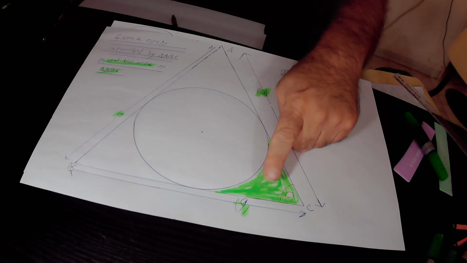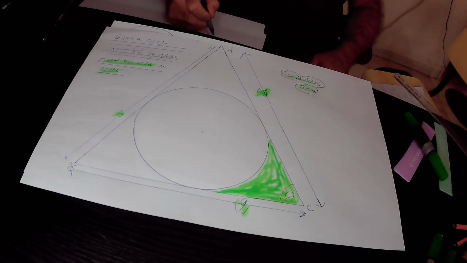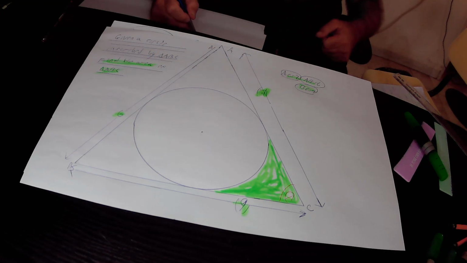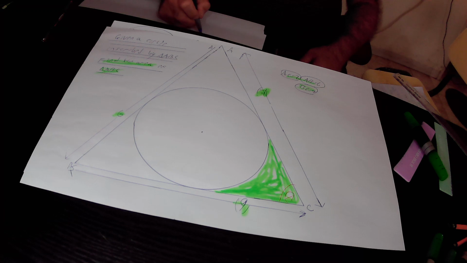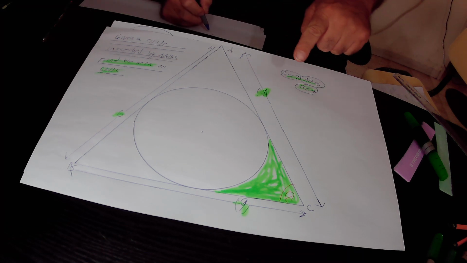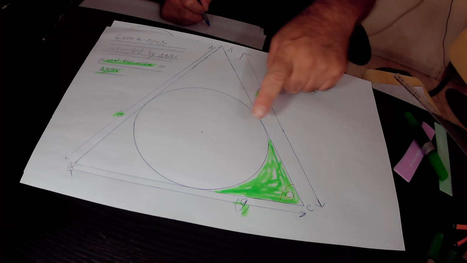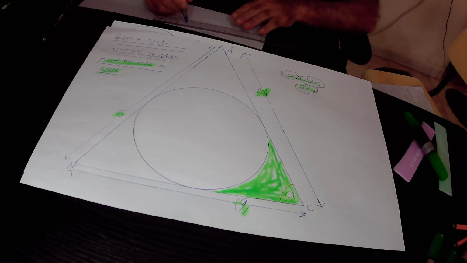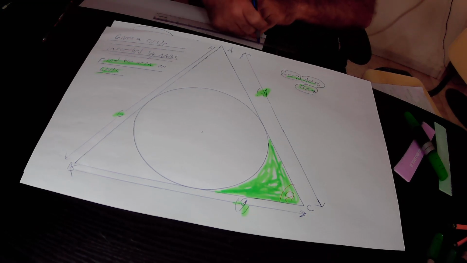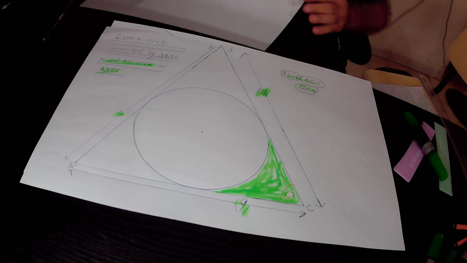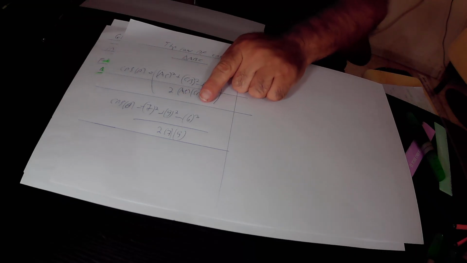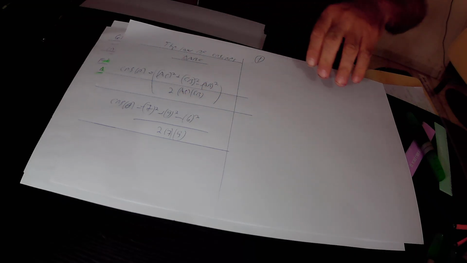CB is 9, therefore CB squared is 9 squared. Minus AB squared. AB is 6, therefore AB squared is 6 squared, over 2 times AC, which is 7, times CB, which is 9. So we found out that cosine theta equals 7 squared plus 9 squared minus 6 squared over 2 times 7 times 9.